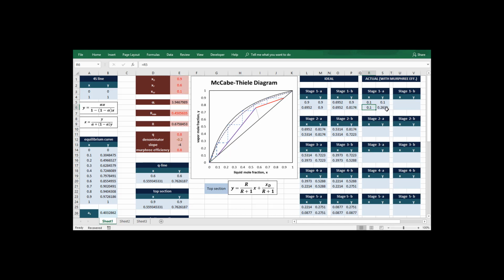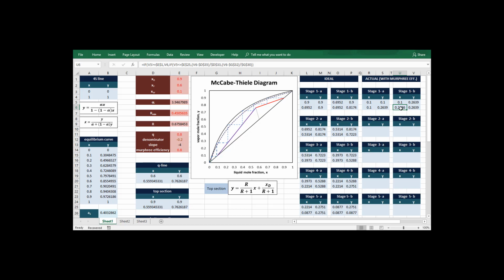For the second value, y2, it will use the formula y2 is equal to y1 plus the Murphree efficiency times the quantity of ye minus y1. For stage 1B, the last values of x and y from stage 1A will be used as its initial values. y2 is equal to y1.